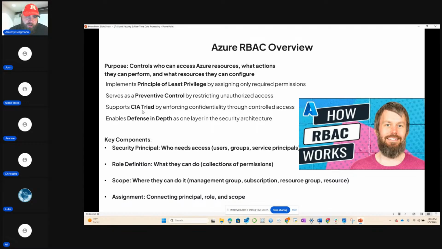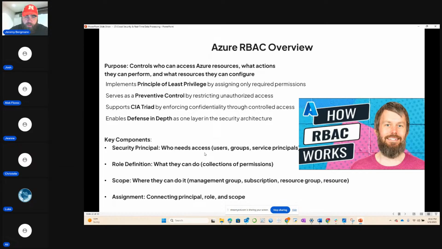They support confidentiality, integrity, and availability by enforcing confidentiality through controlled access. So only the people who need to see the data can see it. And defense in depth: it's just one of the layers of security in Azure, along with access control lists and encryption and so forth.